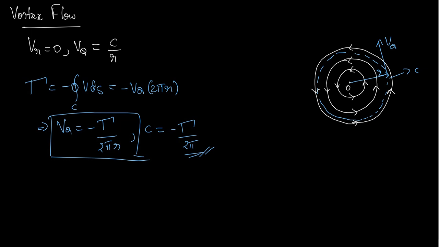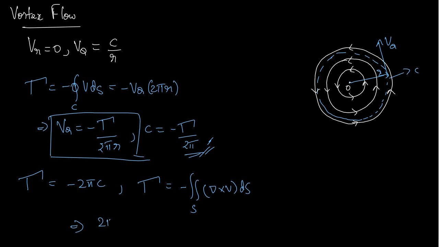Suppose I consider my circulation and write it in this form. It is 2 pi c from the relation we got, and using the other integral, the surface integral, to calculate circulation, I can write it as the surface integral of the curl of velocity dotted with ds. So 2 pi c is the surface integral of the curl of velocity ds.